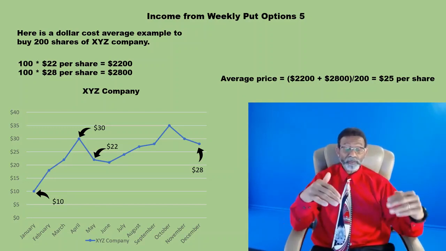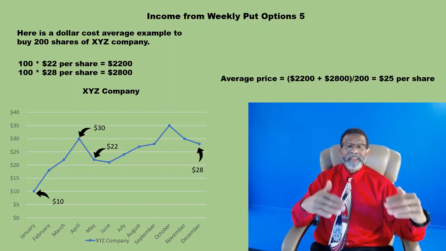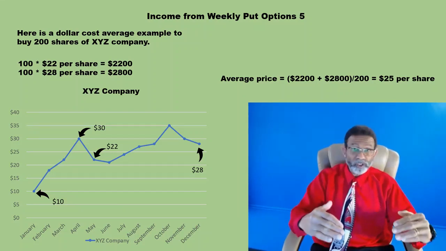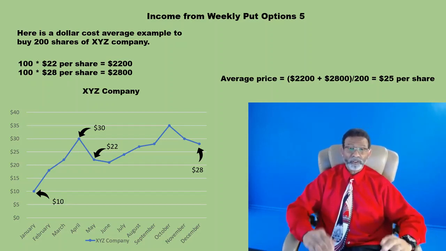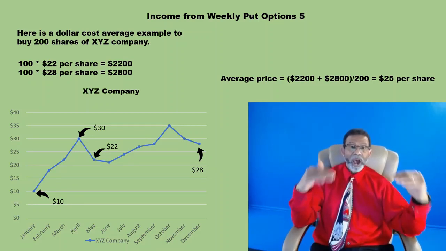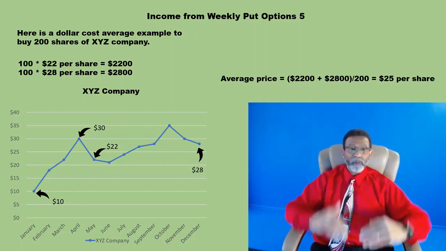So with put options, again, that's why you need to have enough money in your account to buy 200 shares of your chosen stock, because you can dollar cost average with put options where you have obligated yourself to buy the stock at two separate prices.